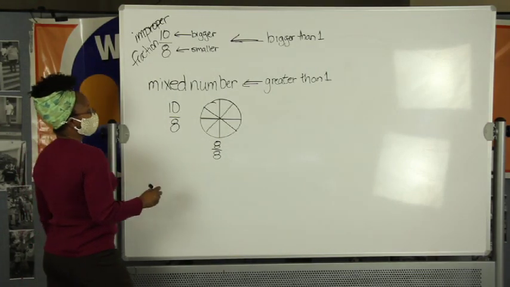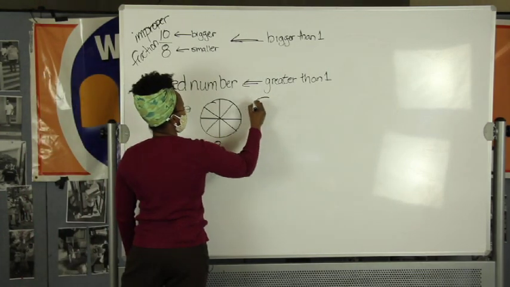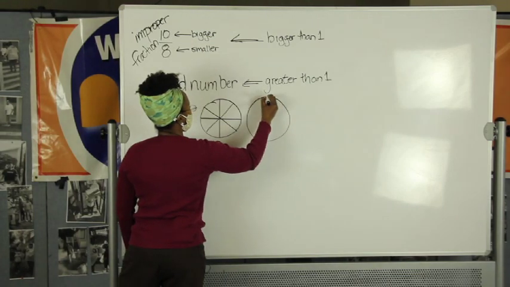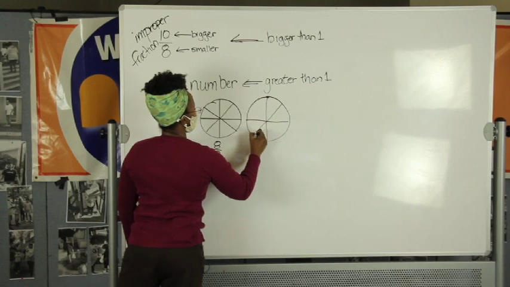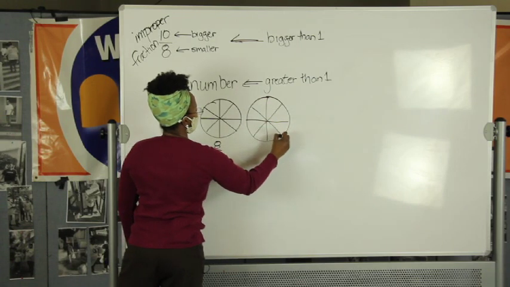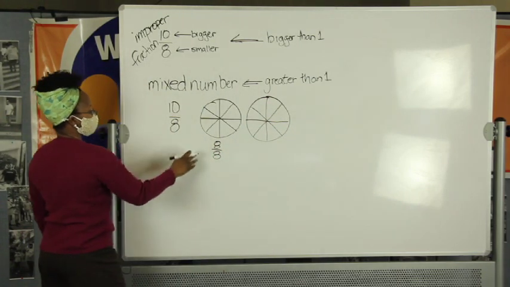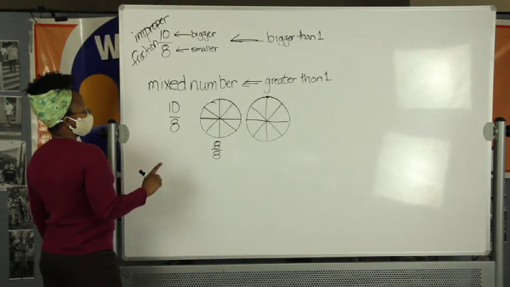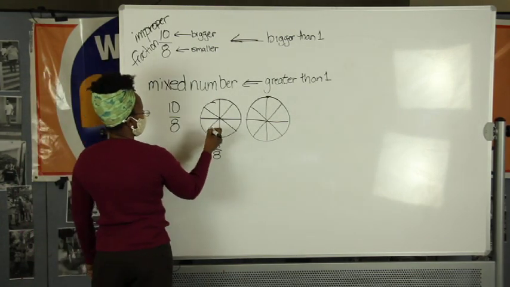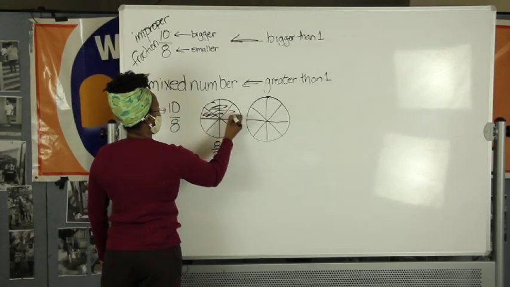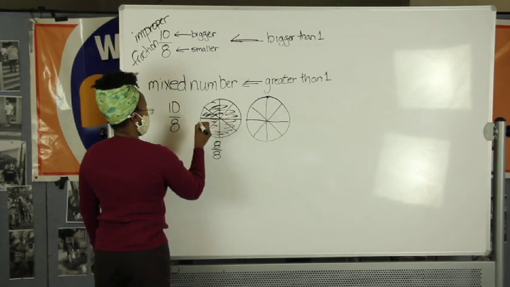Now, because it's greater than 1, we're going to need another whole. And we're going to give it 8 pieces or parts because it's supposed to be similar to this one. Now, if 10 is the shaded area, then all of this would be shaded because it's 8.